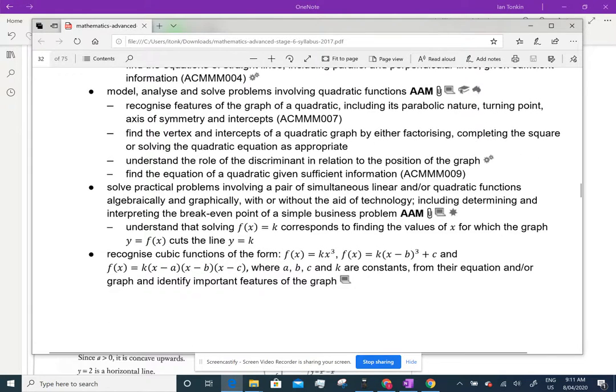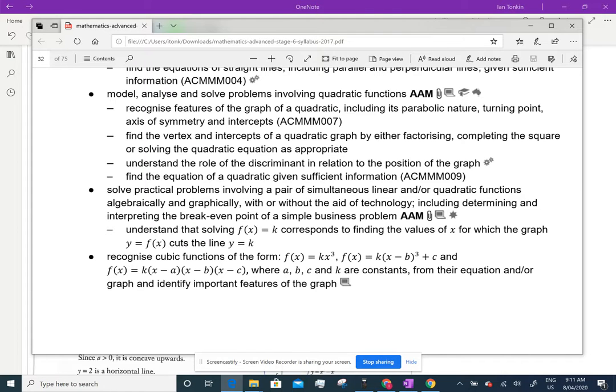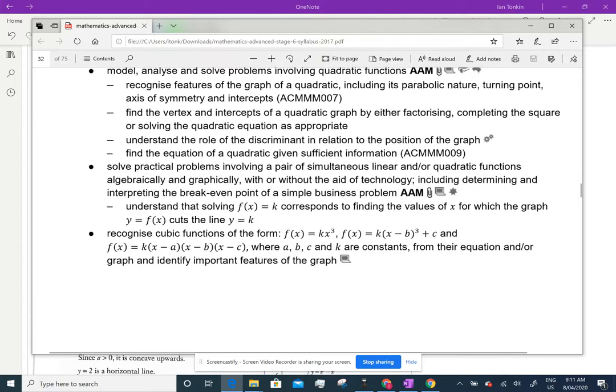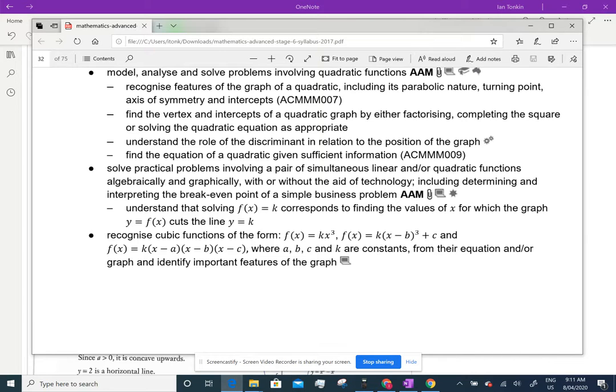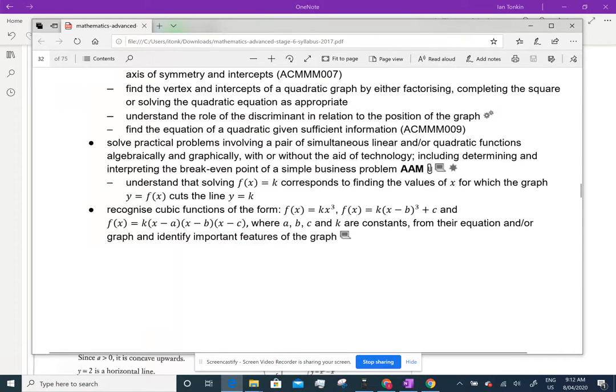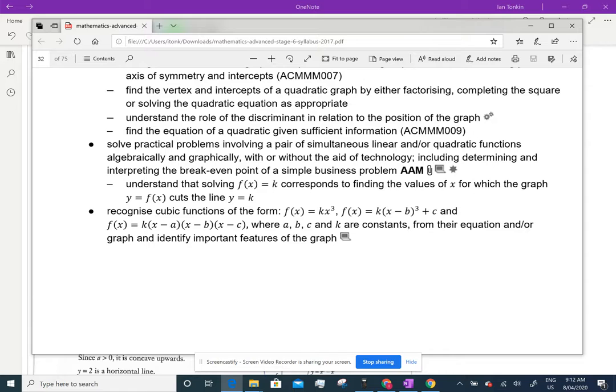With quadratics, which we spent a lot of time on, knowing or recognizing the features of a quadratic, its turning point, the axis of symmetry, the vertex and the intercepts, and graph a quadratic function by either factorising, completing the square, or solving the quadratic equation. Know what the discriminant is and find the equation. Now, this is an important one.